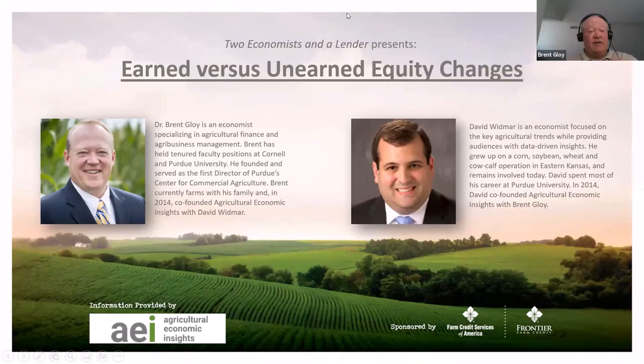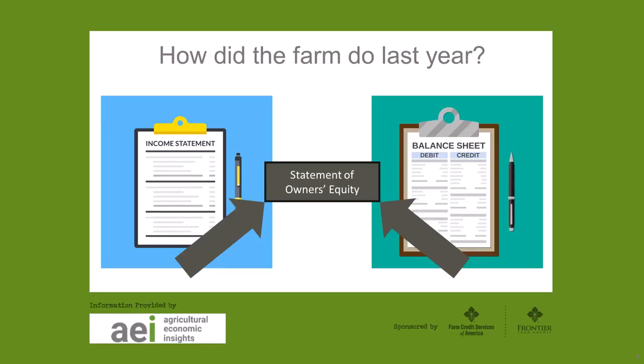So as we start, I think it's useful to think about the financial information we look at on a regular basis. We say, well, how did the farm do? Probably the very first place you're going to go is your income statement. We've spent quite a bit of time on income statement issues in this webinar series.